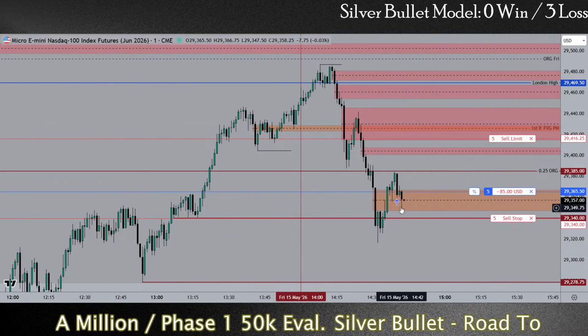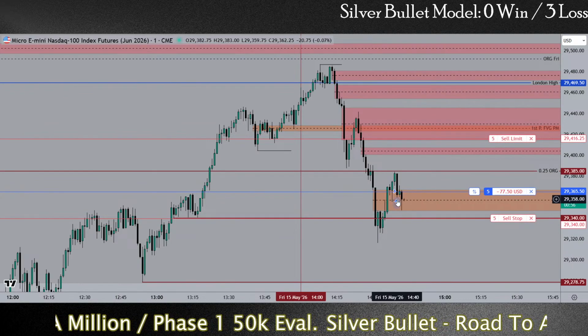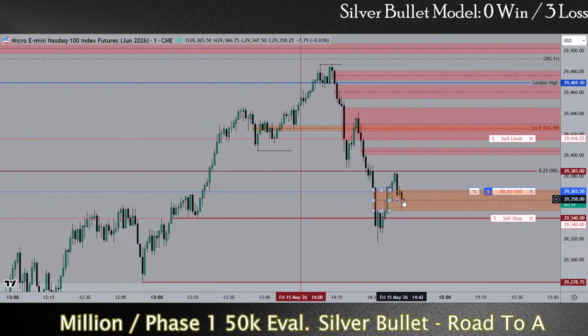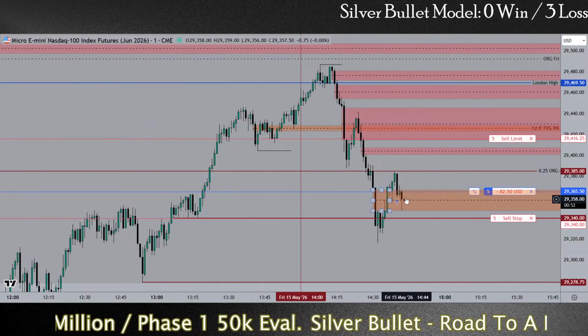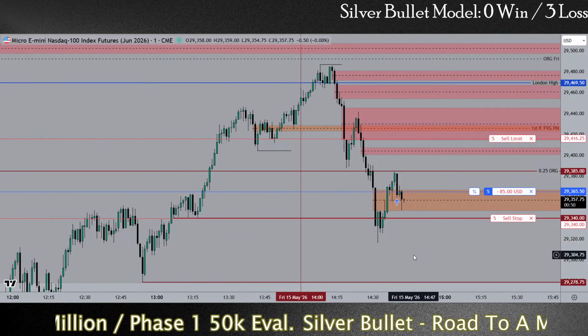It wicked in the lower half, but the body stayed inside the upper half. So now I want to see it leave this inefficiency here.